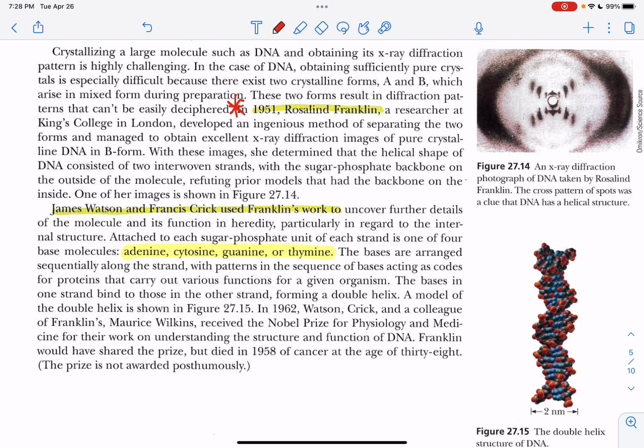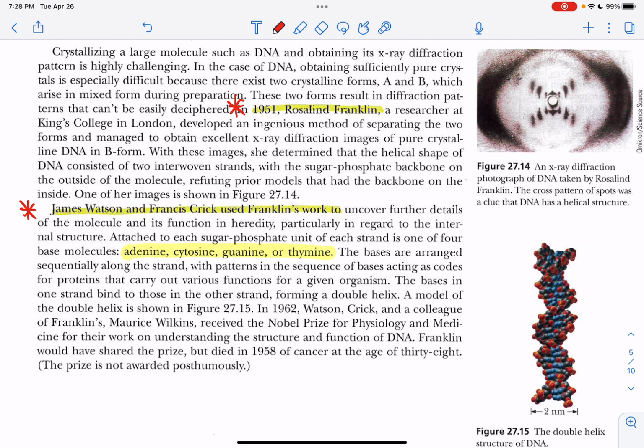But unfortunately, because she died early in her life, and also probably because she was a woman back then, two other guys, Watson and Crick, got all the fame and the glory for figuring out what the structure of the DNA molecule was.